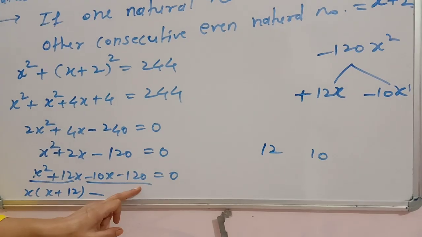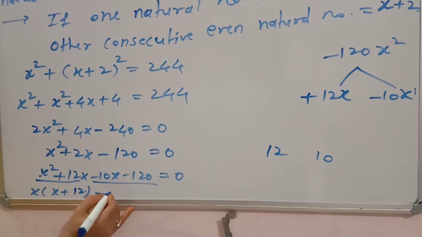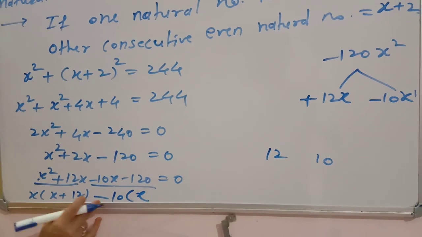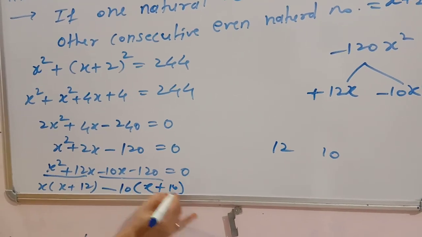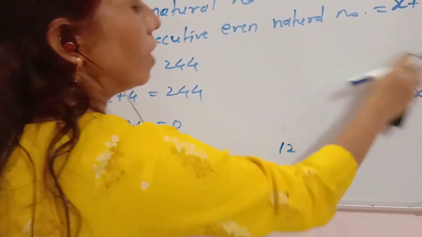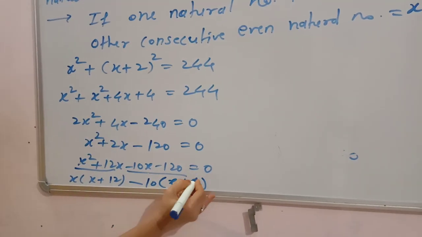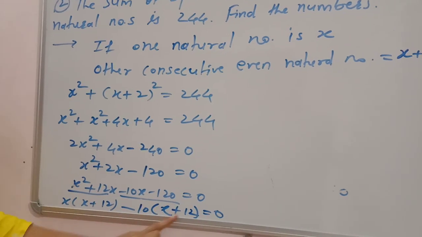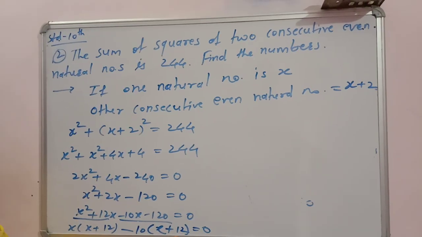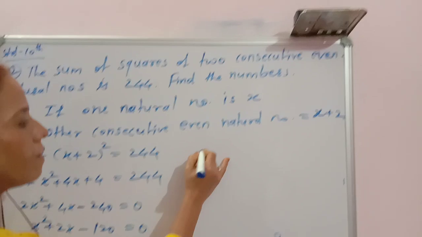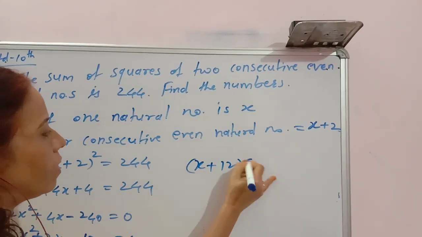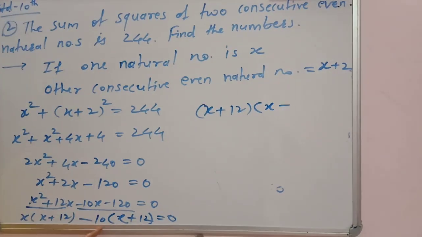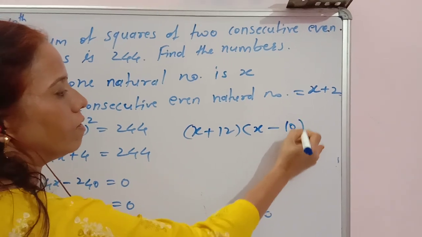Then 10 is a factor of both 10x and 120, so take minus 10 outside, leaving (x plus 12). Now take this bracket x plus 12 common. What remains is x from the first part and negative 10 from the second. So (x plus 12)(x minus 10) equal to 0.